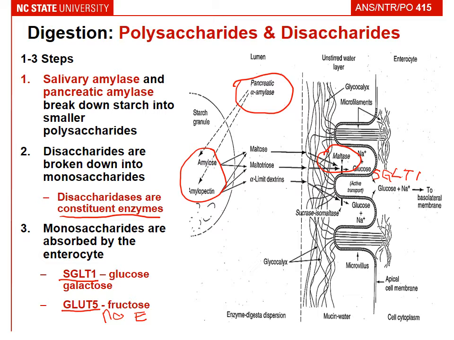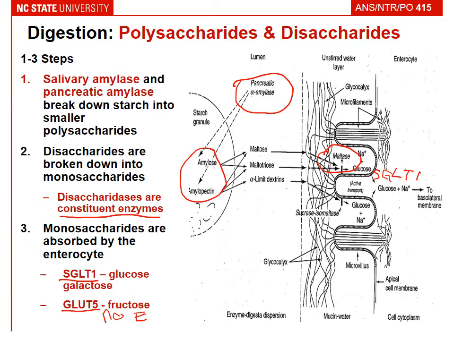When I say constitutively expressed, that means that they are always expressed. They're not upregulated or downregulated based off of how much you've eaten. They're always on the microvilli. Compared to the pancreatic enzymes, those are being released based off of what you have just eaten.